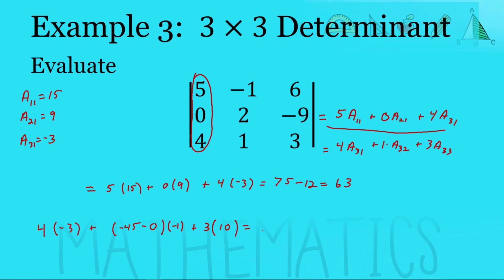That's going to give us negative 12 plus 45 minus 30, and that will give us, well, 45 minus 12 is 33. Actually, that should be plus 30. 33 plus 30 is equal to 63. So once again, you get the exact same result no matter which row you choose. So you actually want to use the row that makes the math easiest for you.